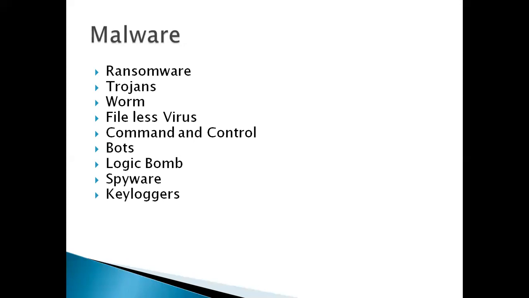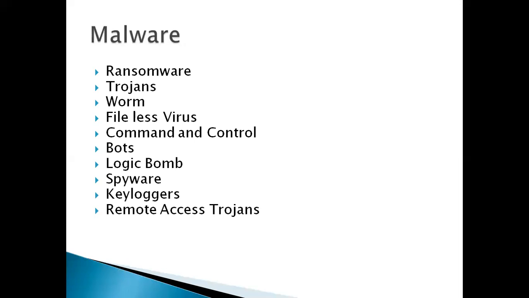The next one is remote access Trojans, or RAT, a toolkit designed to provide the capability of covert surveillance and the capability to gain unauthorized access to the target system by the attackers.